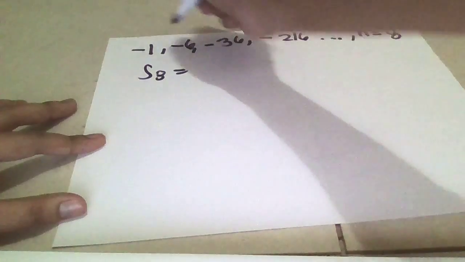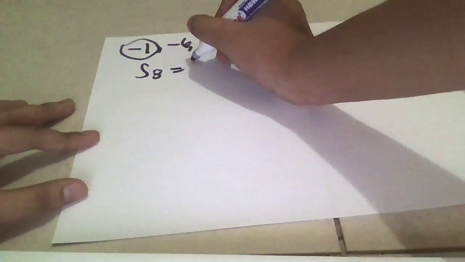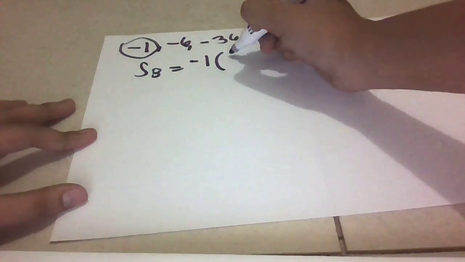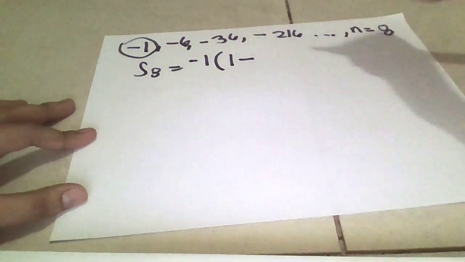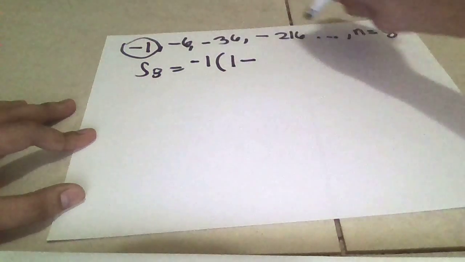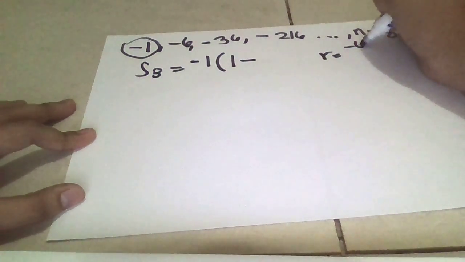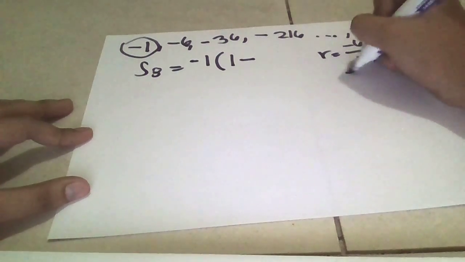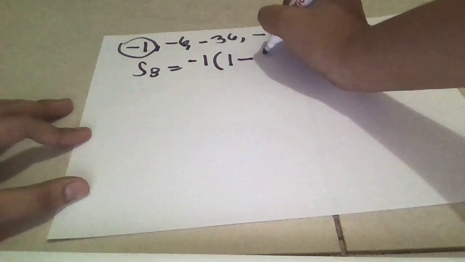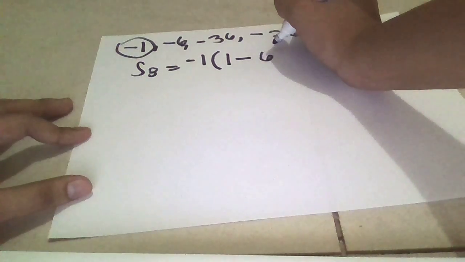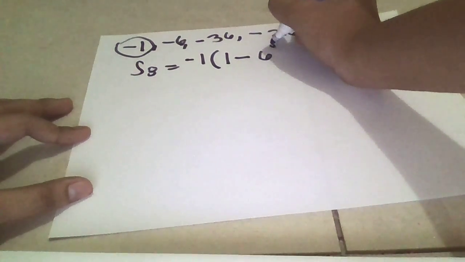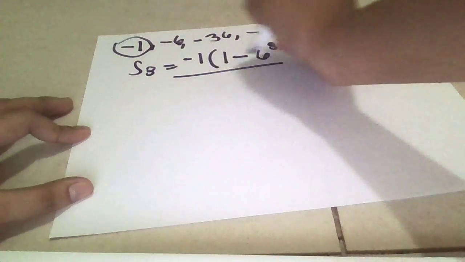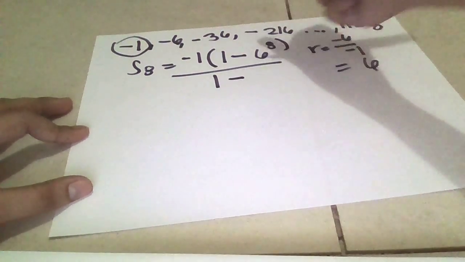Your a sub 1 is -1. Your r is -6 over -1, so 6, raised to 8, over 1 minus r.